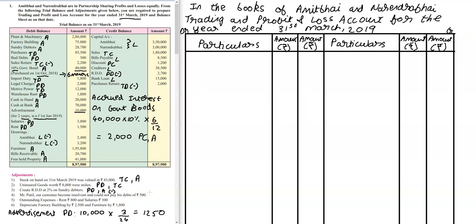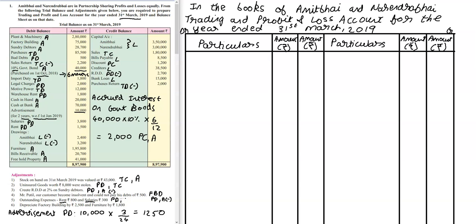This is what we call further bad debt, which will also go into the P&L debit and on the asset side as a subtraction from debtors. Outstanding expenses, we have rent and salaries. Both of these you will find on the P&L account debit side, and since they're outstanding, they will also come as a liability.